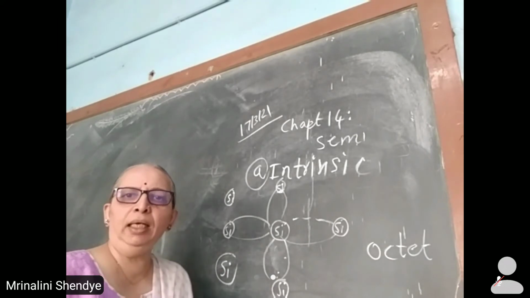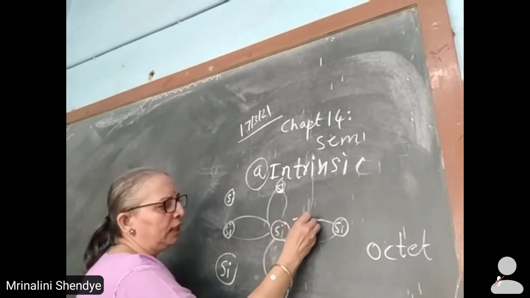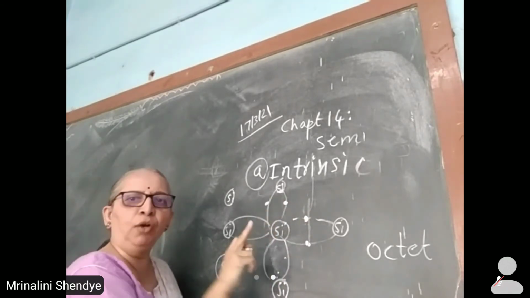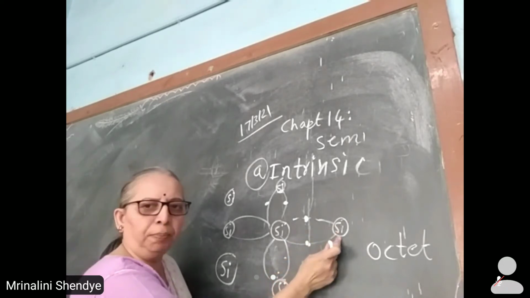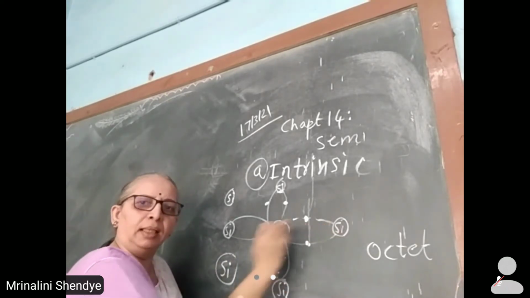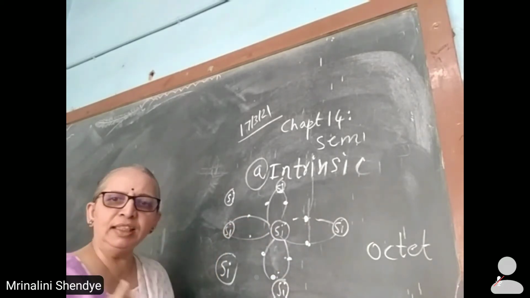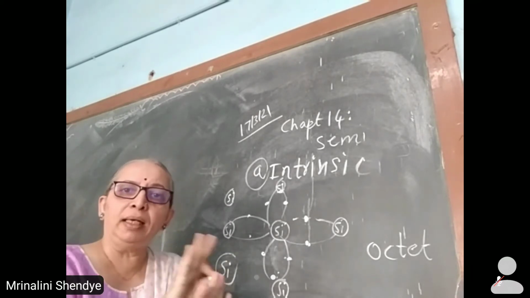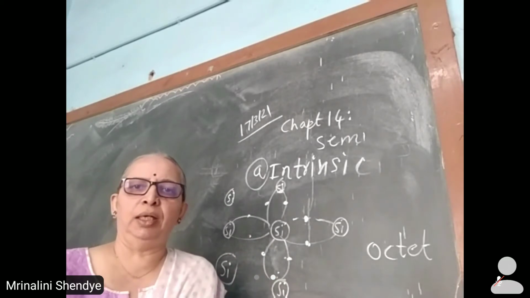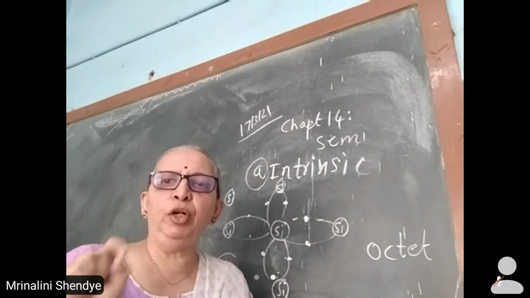This sharing is possible when the crystal is formed. Each atom gives one electron to the other in the pair and receives one from the other, so that each atom has its valence orbit completely filled. So this is the silicon structure for a pure semiconductor, no impurity added.